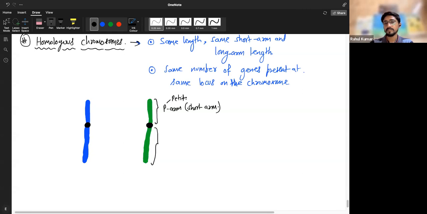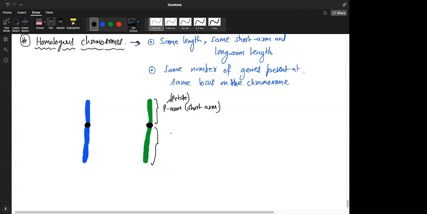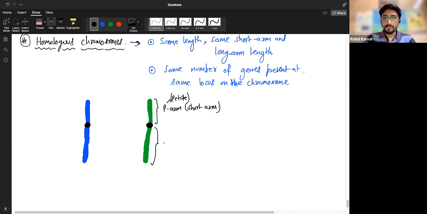You know what petite means? Petite means tiny or small. And we have a Q arm, which is the long arm. Together, this gives the total length of the chromosome.